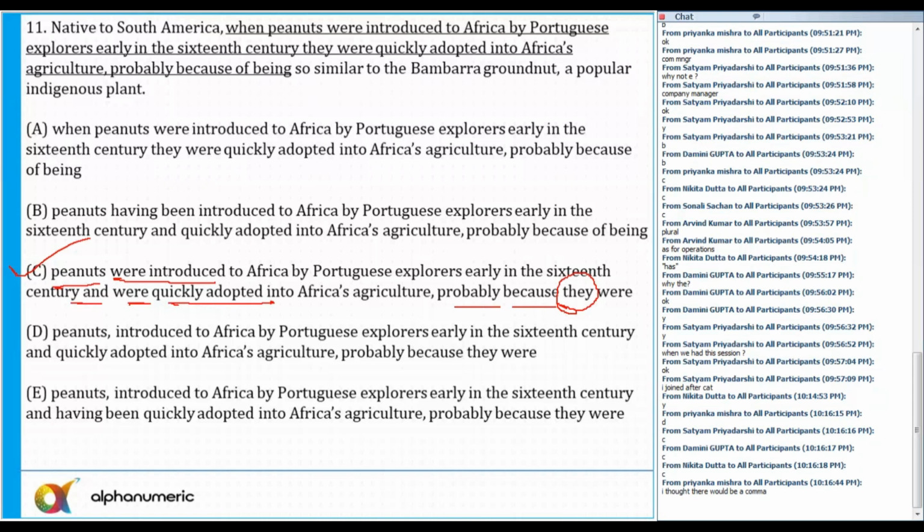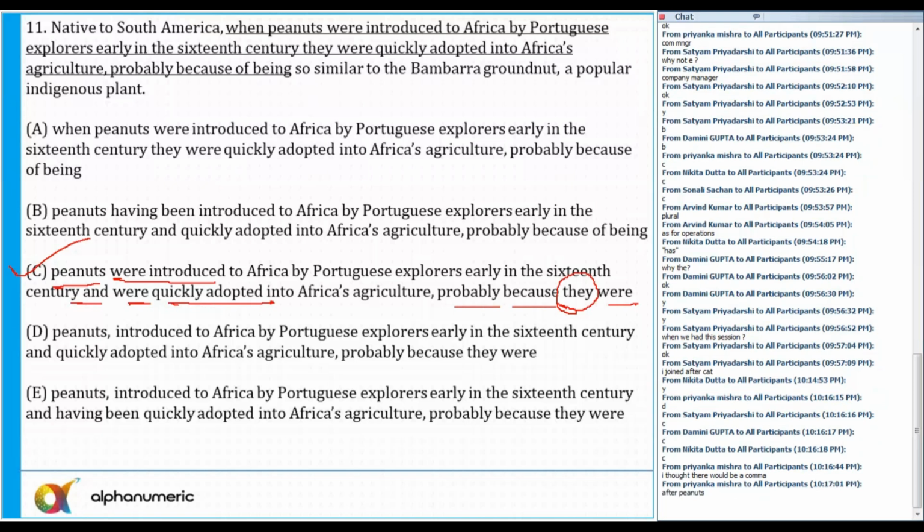They were so similar. You thought that there is going to be a comma. Comma where? Before peanuts. "Native to South America," comma. That is extra information about peanuts. No, no, why do we want to separate peanuts?